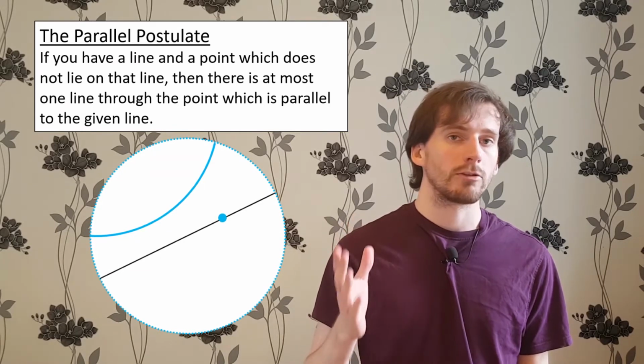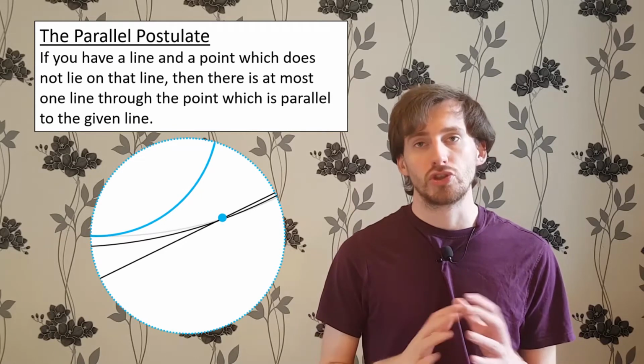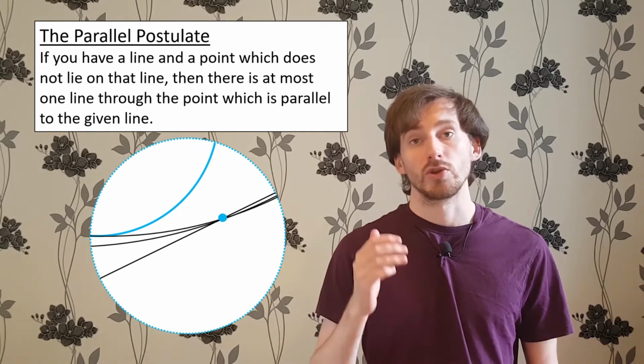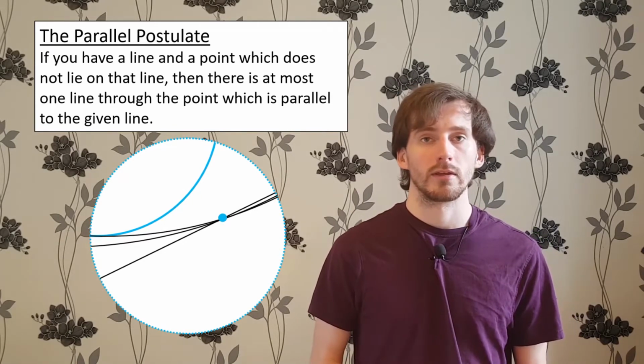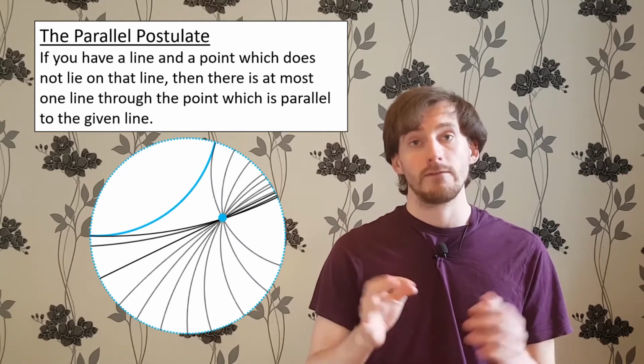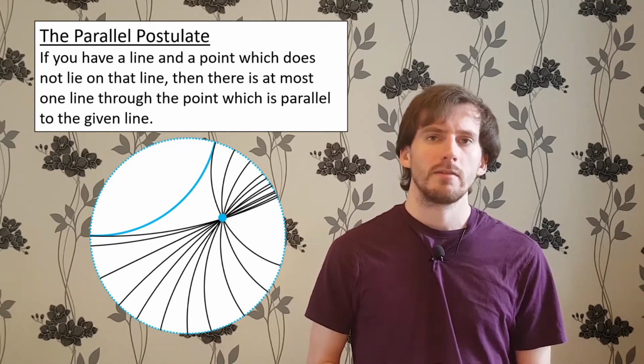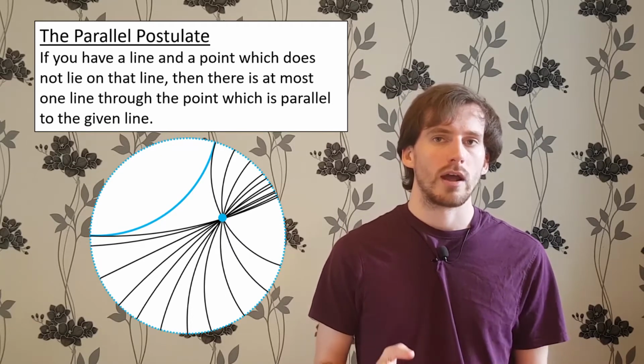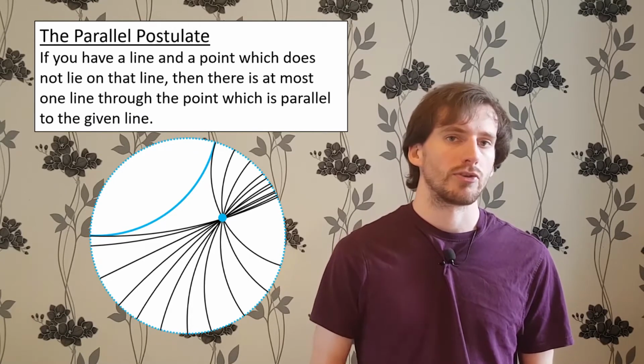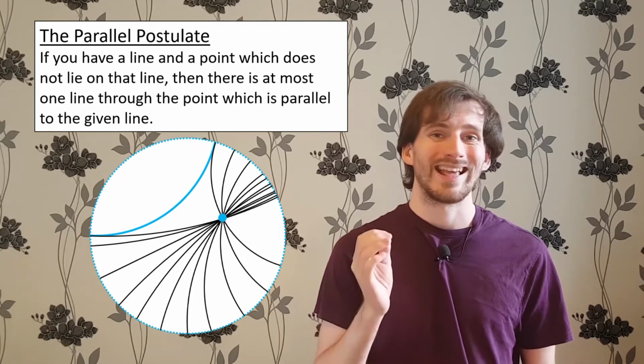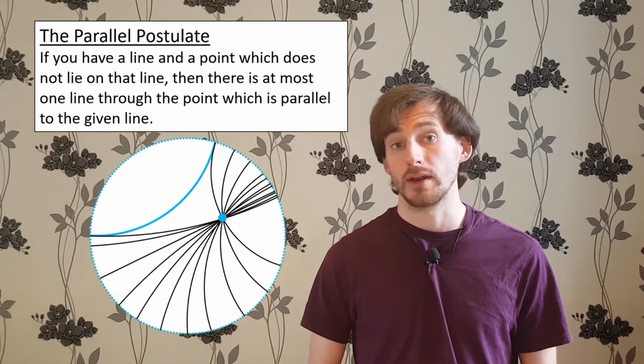Now there are multiple lines through the point which do not meet the given line and which therefore are parallel to it. In fact, there are infinitely many. This means that you cannot derive Euclid's fifth postulate from the other four. It is a necessary axiom of Euclidean geometry.